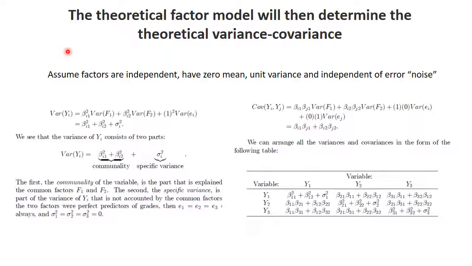That is the theoretical factor model. What we'll try to do is write down what would be the true model, the model that would generate our information. If our y was indeed a linear combination of two factors and some random error, what would then be the corresponding covariance matrix of these y's?